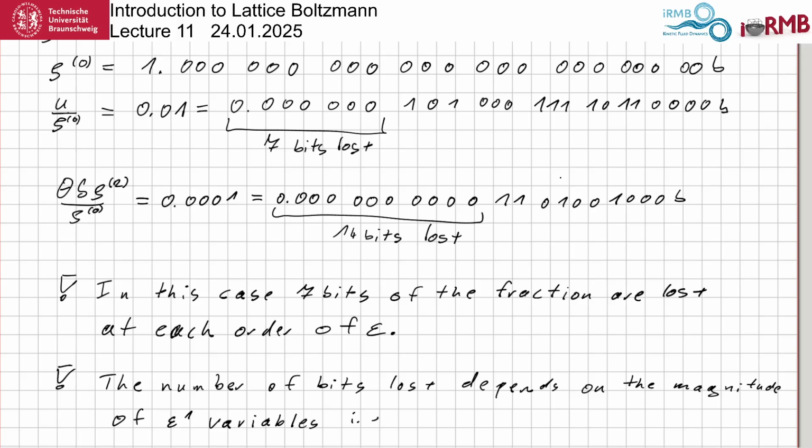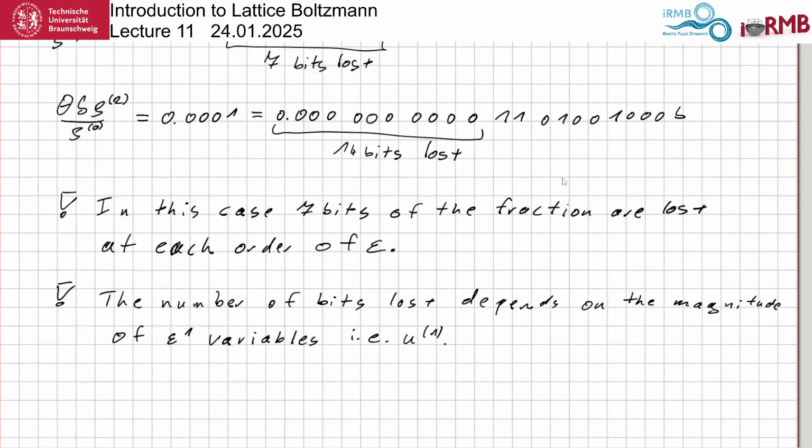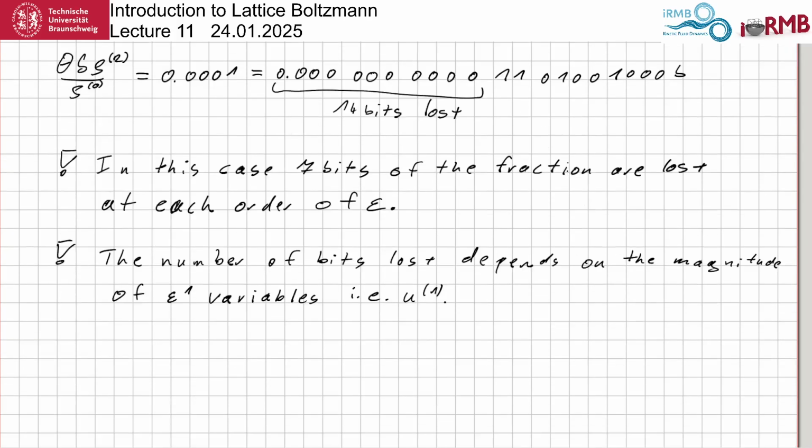So this means usually the velocity. So now we are in trouble because we have competing interests, if you will.